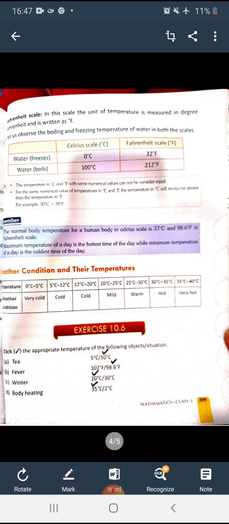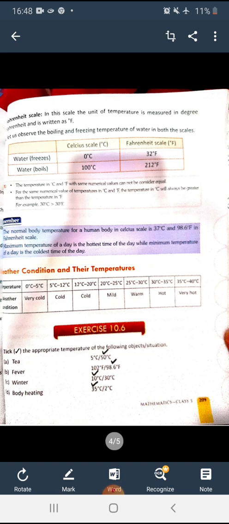So here let us observe the freezing and boiling temperature of water in both the scales, Celsius scale and Fahrenheit scale. When water freezes, like when it is in the refrigerator, it is 0 degree Celsius, and in Fahrenheit it is 32 degree Fahrenheit.